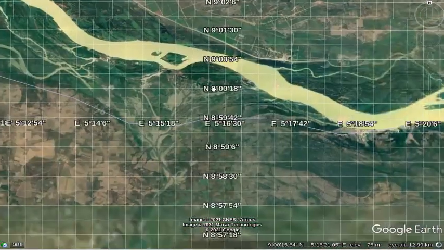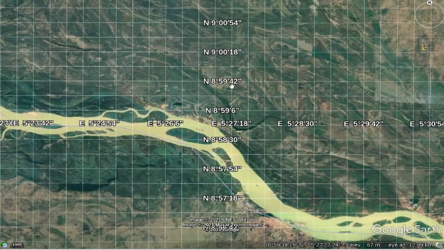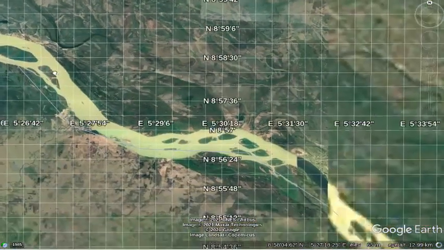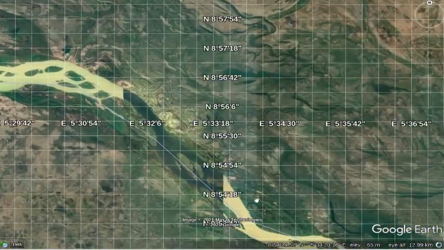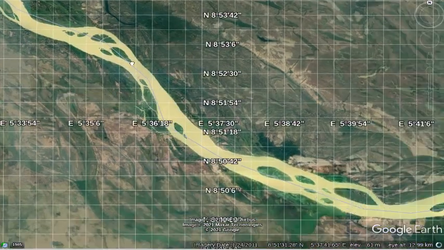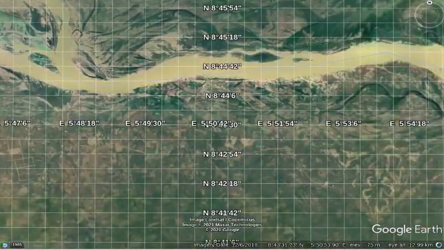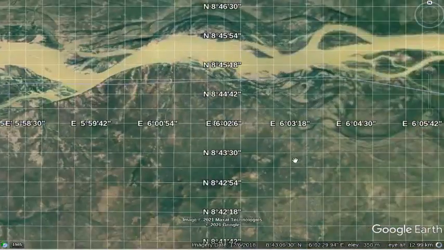Now, how wide a river becomes when it's created is controlled by how much water there is. And if there's a lot of water, you have a wide running river. And if there's very little water, you generally end up with narrower rivers.